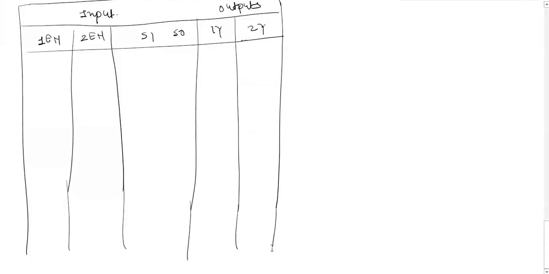When the first enable signal is active, active means the input is given as 0. When the first enable signal is active, the select lines are used to select the output from the first multiplexer's inputs.